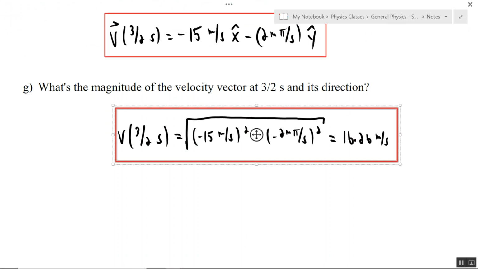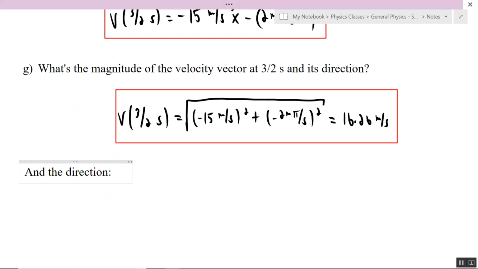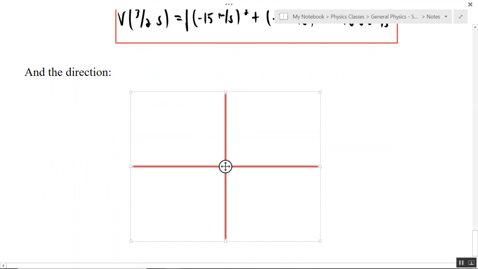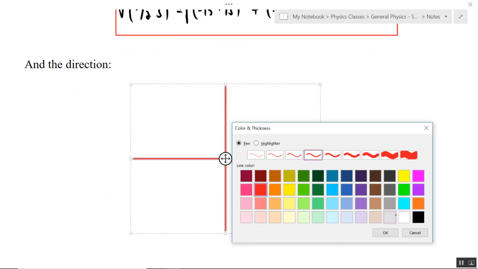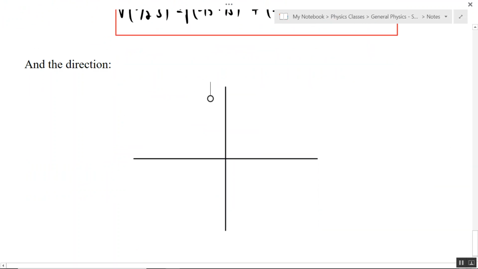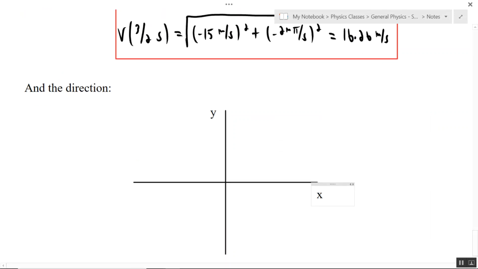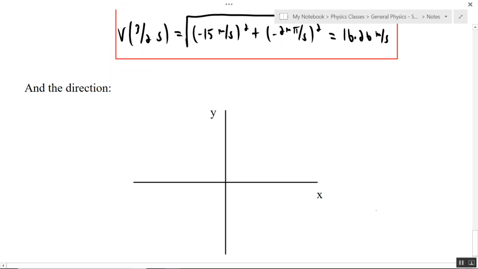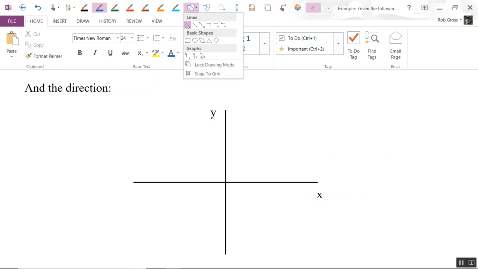All right, so how do you find the direction? Well, you should start by sketching it, right? So it's 15 meters in the negative x direction. I'm just going to write 15 meters per second, and I'm not going to write the negative.